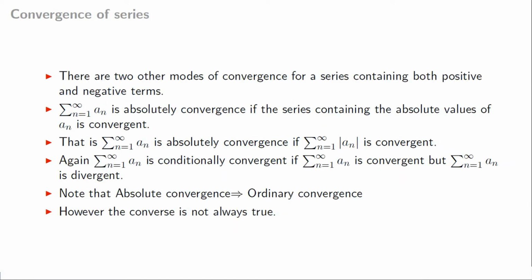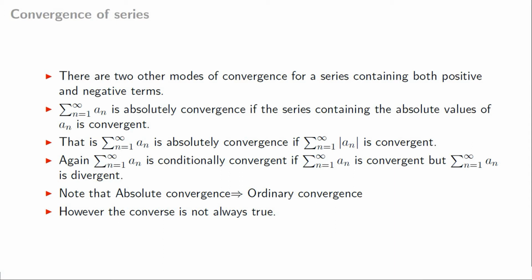Now, there are two modes of convergence for a series containing both positive and negative terms. Summation An, that is a series, is absolutely convergent if the series containing the absolute values of An is convergent. That is, summation n from 1 to infinity of An is absolutely convergent if summation n from 1 to infinity of modulus of An is convergent.